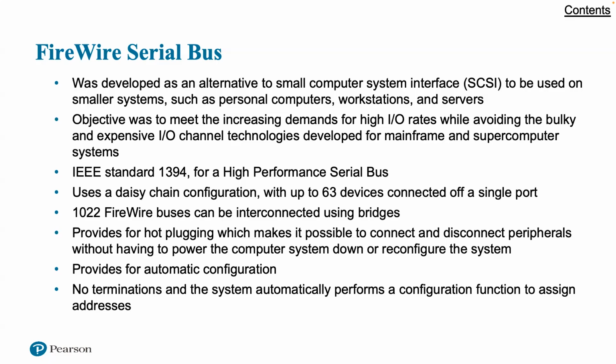Data rates from 25 megabits per second to 3.2 gigabits per second are defined. The link layer describes the transmission of data in packets. The transaction layer defines a request-response protocol that hides the lower layer details of FireWire from applications.